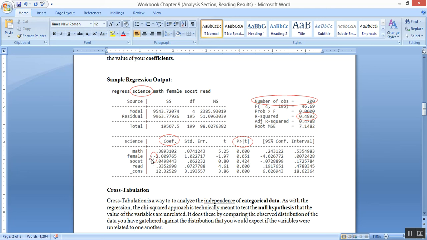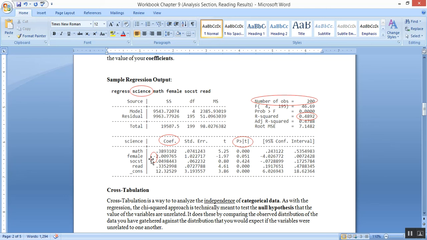Now, it is important to understand that because our independent variable here is nominal, it's categorical, the coefficient is a little bit hard to interpret. But basically just understand that what it's trying to tell us is that, on average, a female test taker is going to get 2 points lower than a male test taker on this particular test.